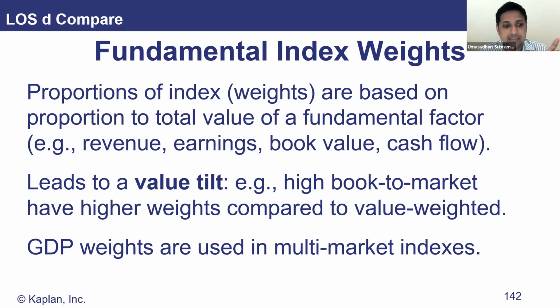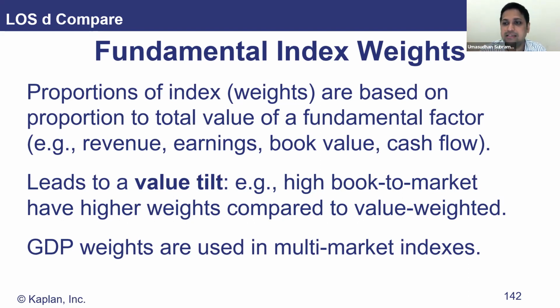Also, you need to understand there are certain indices which we call multi-market indices. Let's say I'm going to create a multi-market index based on 5 countries. I'm going to pick companies listed in different stock exchanges, create a multi-market index, and how am I going to give weighting for each country?